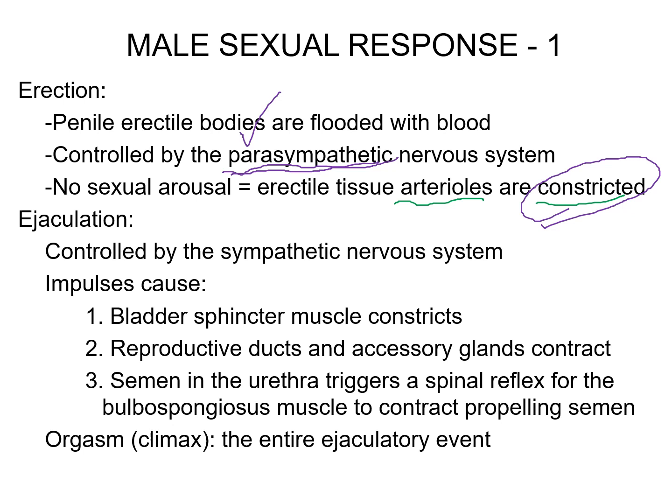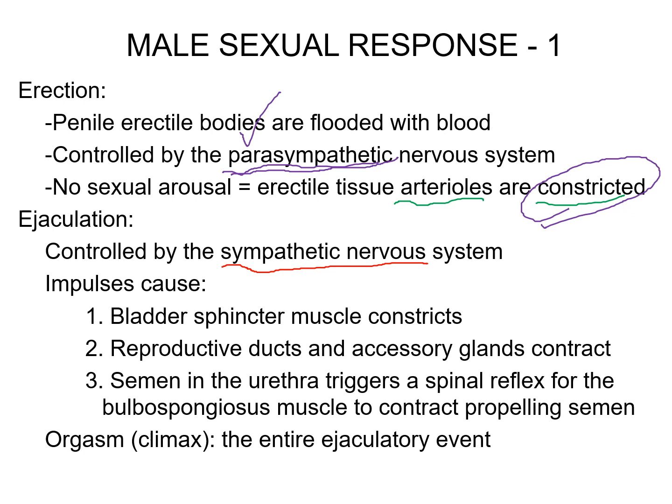All right, so moving from the erection to the ejaculation state. Once a male is having intercourse or any sexual activity and they're stimulated enough, what happens is the sympathetic nervous system kicks in the drive here. So remember, this is more of our fight or flight.